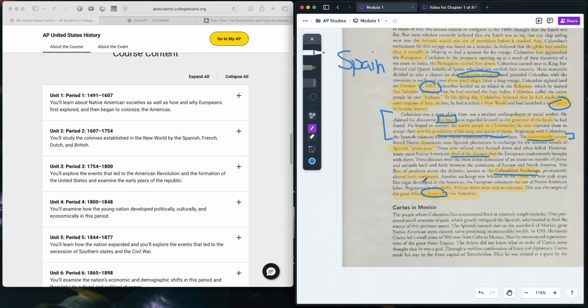And then last but not least, because Native Americans died from diseases, there's not really a lot of labor. So then African slaves were sold to colonists. I guess there is something to say about how it's okay for people to be enslaved, especially in a religion like Christianity. But I think that's another discussion for another day. Yet this is what happened in history.